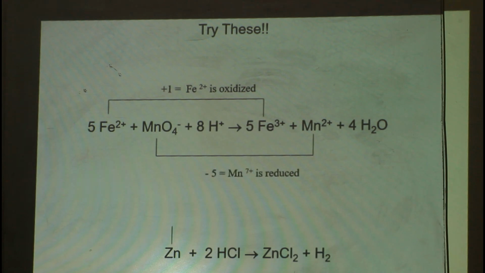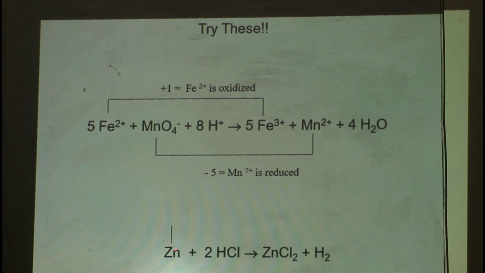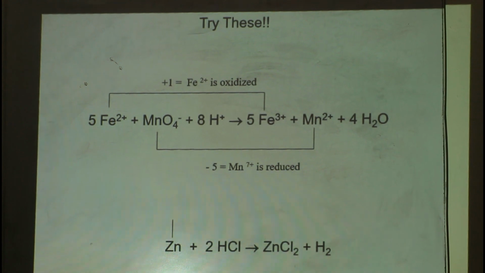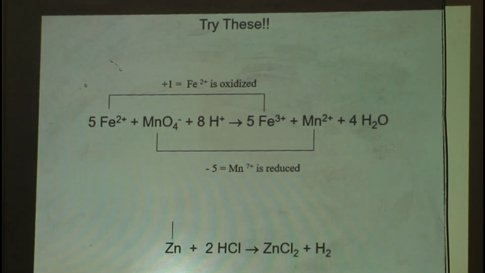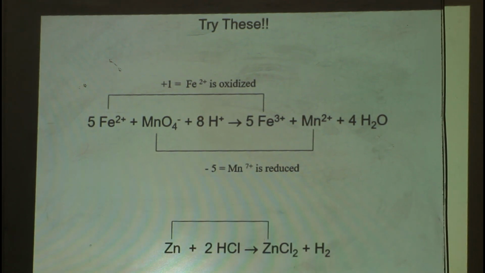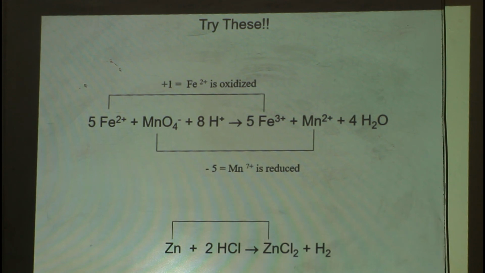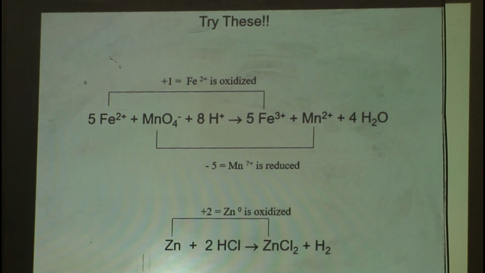Now let's look at this. The zinc that you see here is in the uncombined state. Therefore, the oxidation state is 0. Now from 0, it moved to +2.